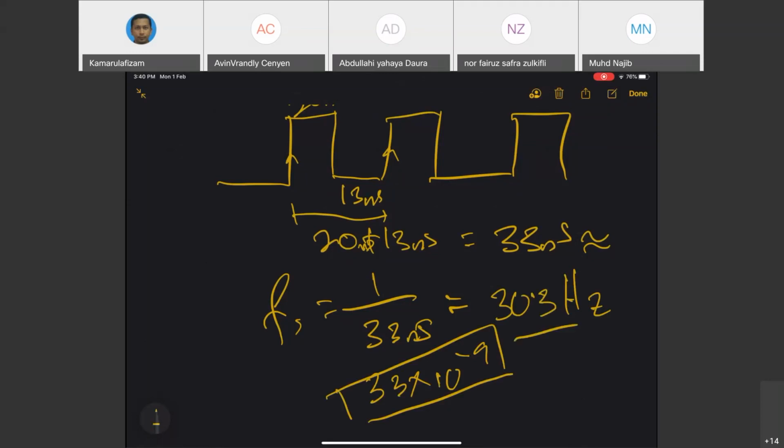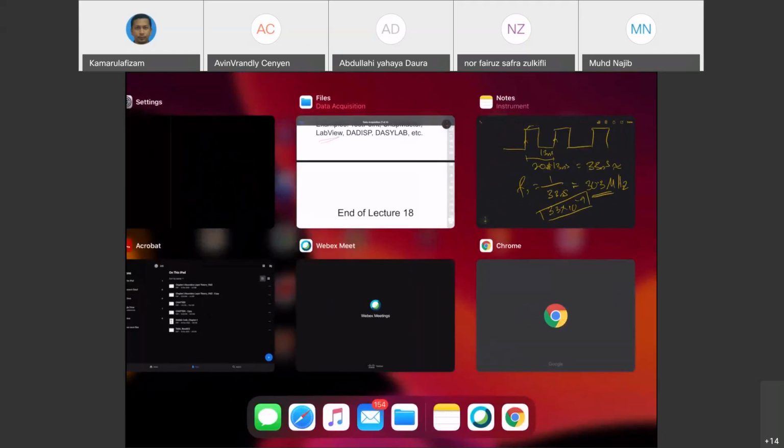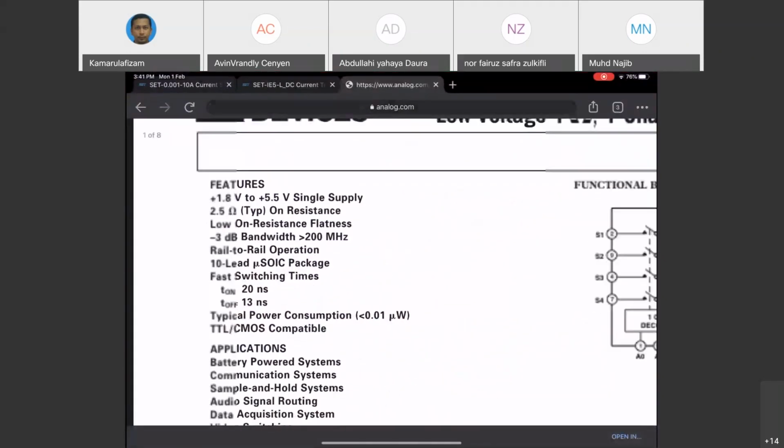Meaning that using this multiplexer, you can design your own application up to 30.3 megahertz. All right. Meaning that these chips can do switching fast enough. Okay.